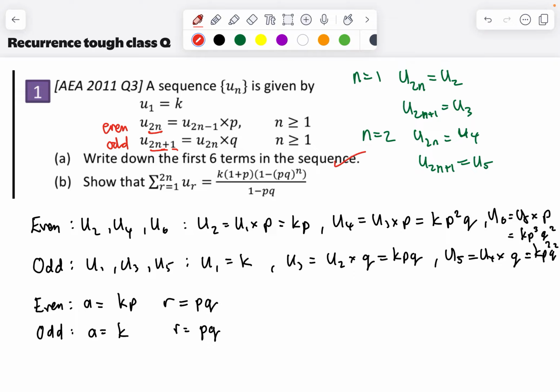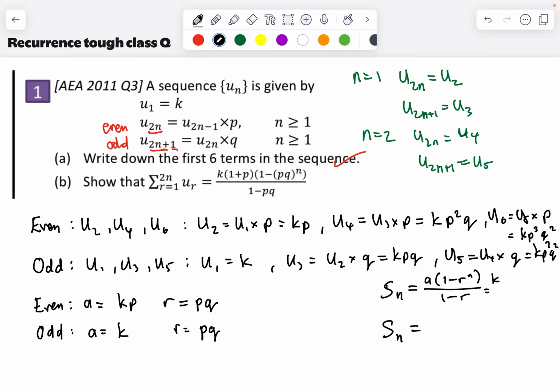Now we need to show that the sum is equal to this formula. Well, as it's a sum, because it's sigma, we know the sum of a geometric series to n, because we're doing 2n. Basically half of it is even, half is odd. So I'm going to do a sum to n for even and a sum to n for odd, and then I'll have 2n terms. For the evens, it's a times 1 minus r to the n over 1 minus r.